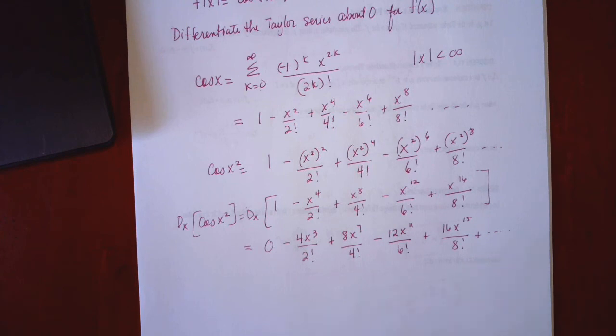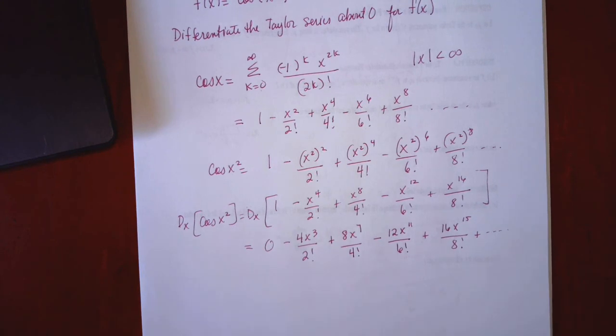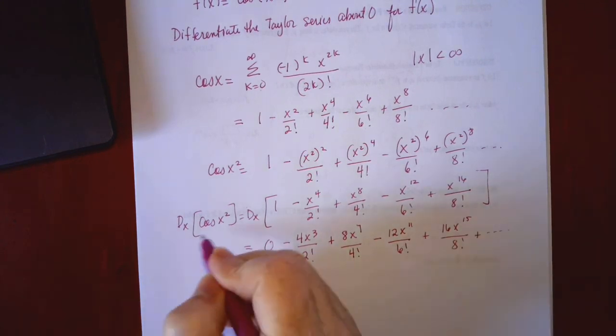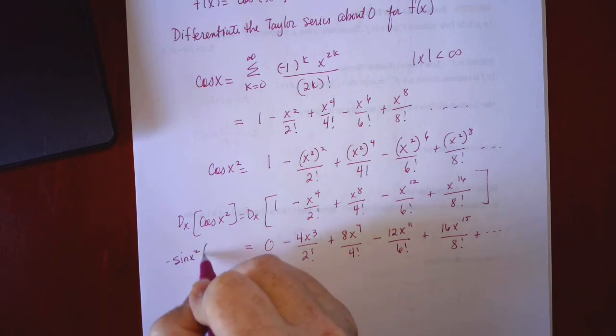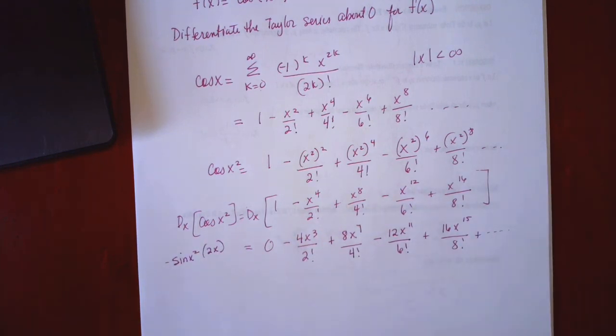All right, the question is, how do we find a power series summation for that? How are we going to simplify it? What do we expect it to be? What do you expect the derivative of cosine of x squared to be? Well, we expect that derivative to be negative sine of x squared times 2x, right?